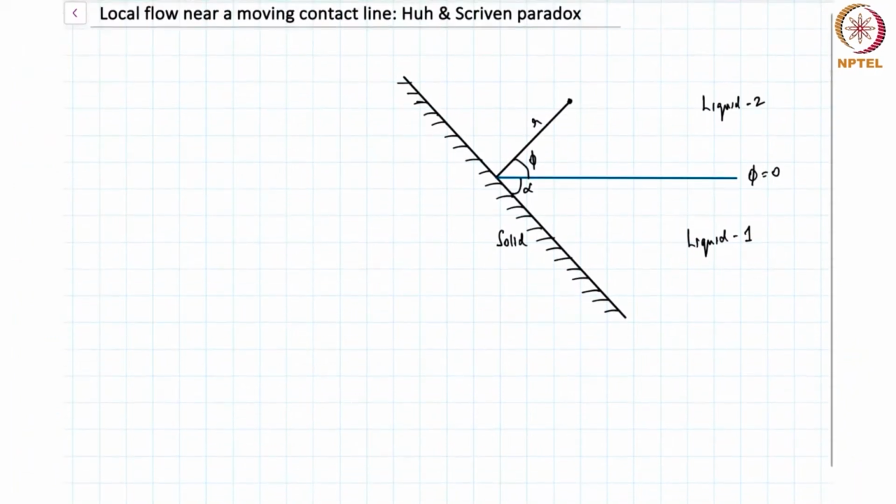The analysis of Huh and Scriven was essentially a two-phase flow, and they had two liquids separated by a flat interface.